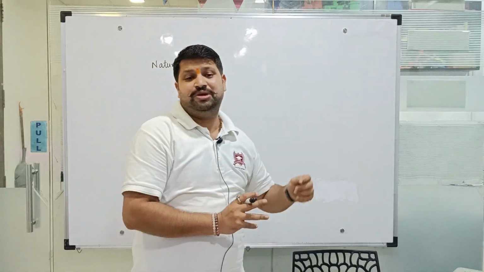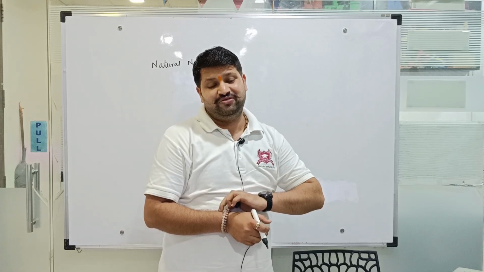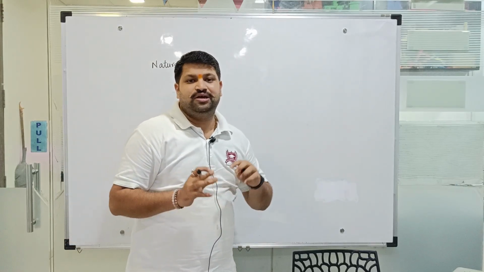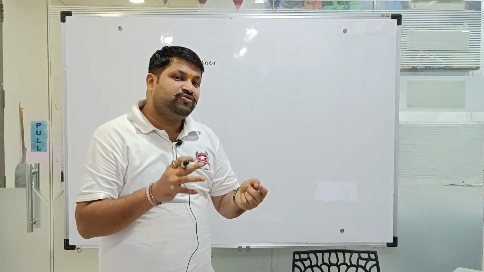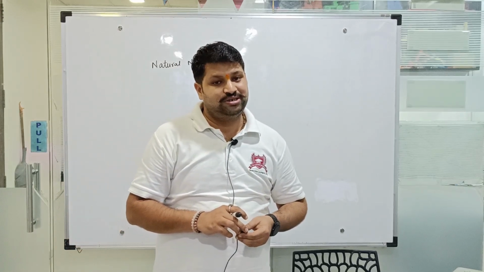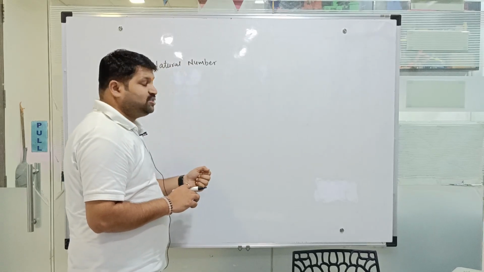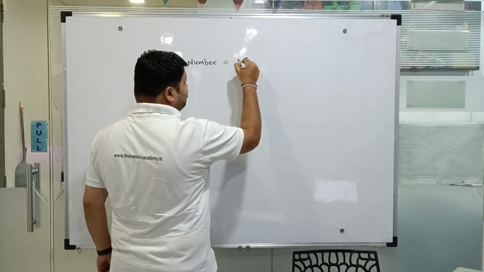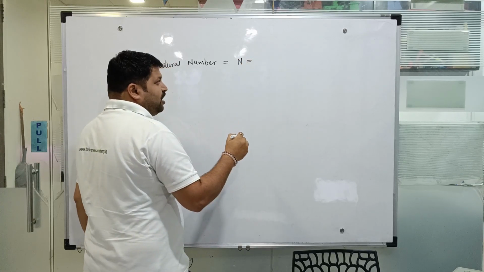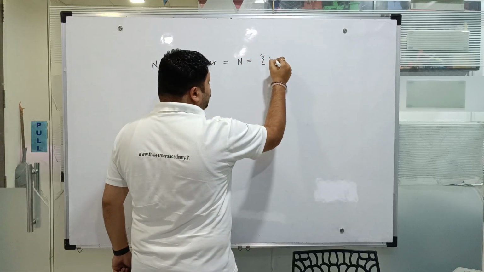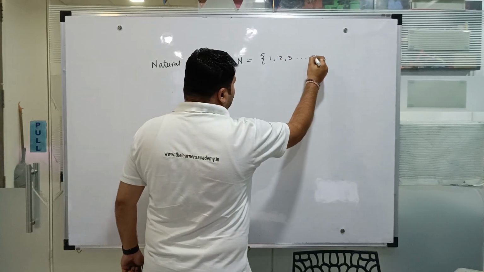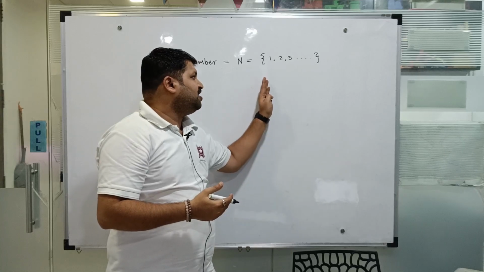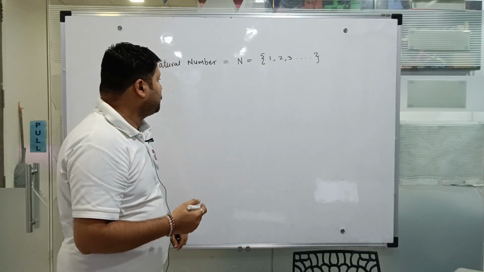A set is a completely different topic, and we will have a different video on sets in future, but for the time being, just understand that if we have a group of certain numbers, we call them a set. The set of natural numbers is denoted by capital N, and it can be written as 1, 2, 3, and it goes on till infinity. It starts from 1 and goes to infinity.